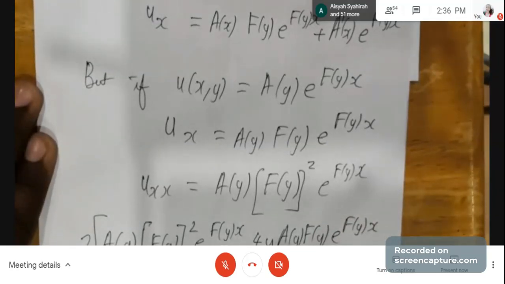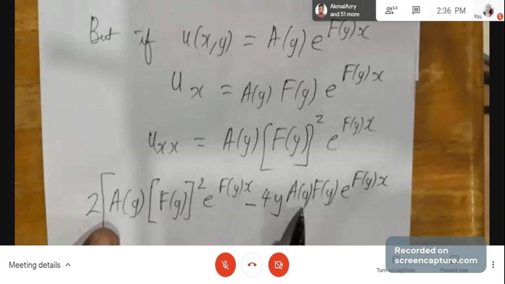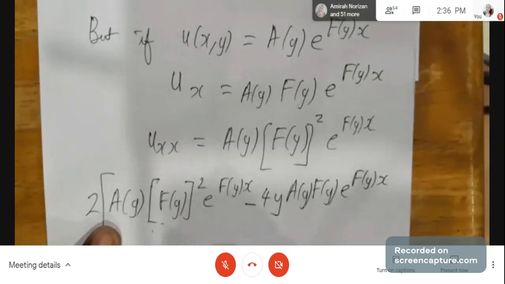Everything has the A(y), so you can factorize and cancel off.